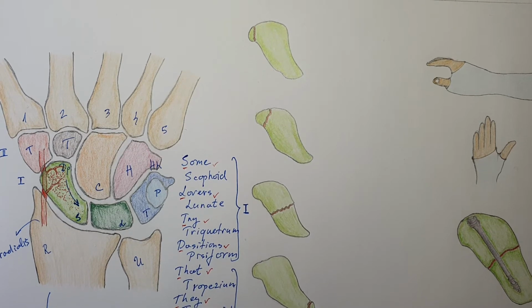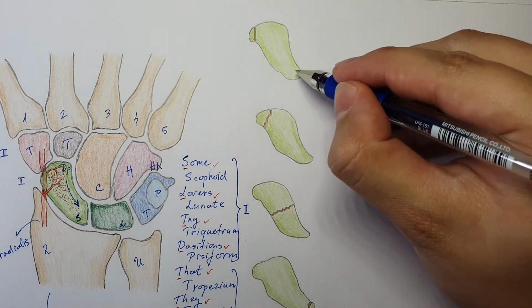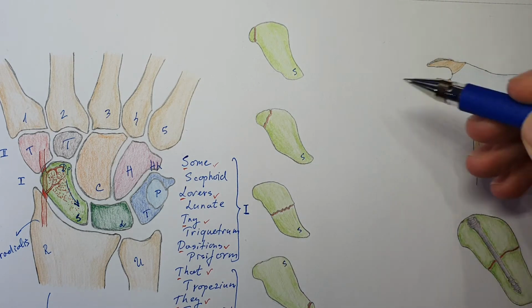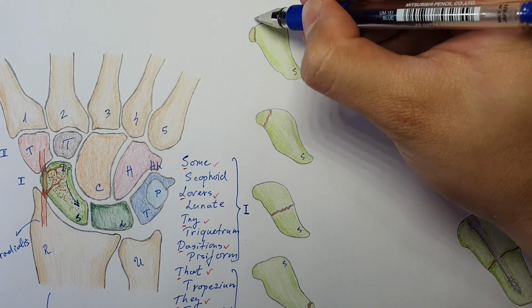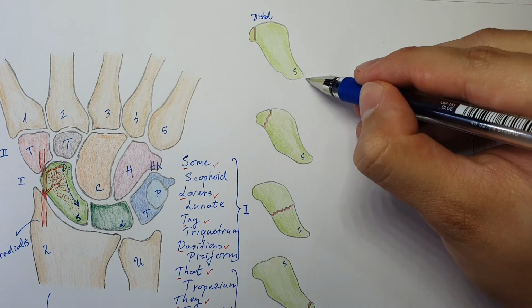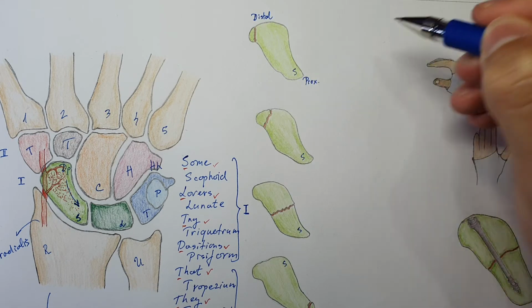So here are some examples. This is the scaphoid bone. This is a fracture, so here would be the distal pole, and here would be the proximal pole.